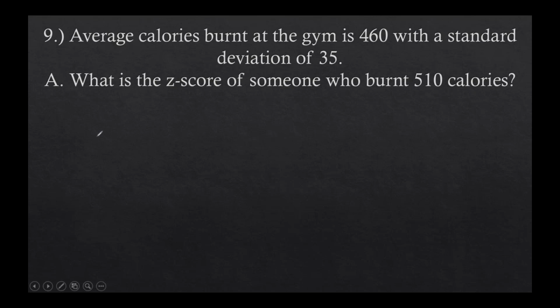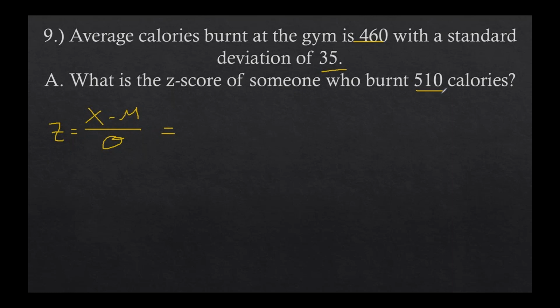All right, so we are going to use our formula, z equals x minus mu over standard deviation. You are given 3 numbers. You have to determine where they fit in this formula. So does anybody have an idea of what the value is?